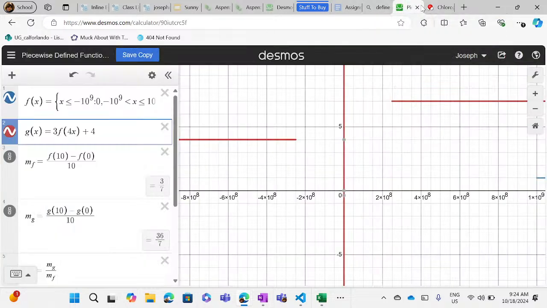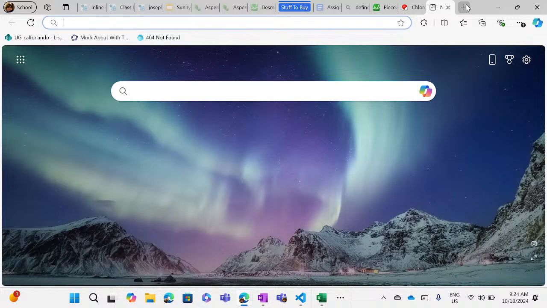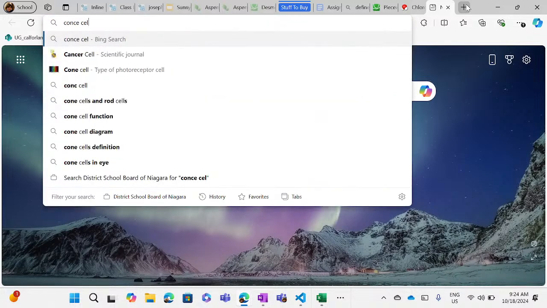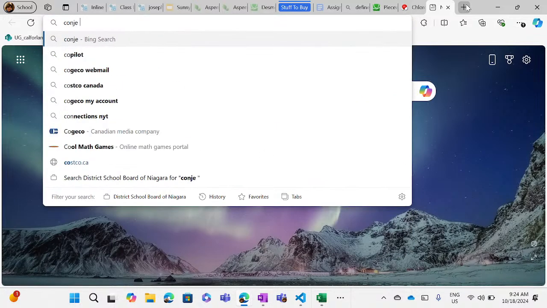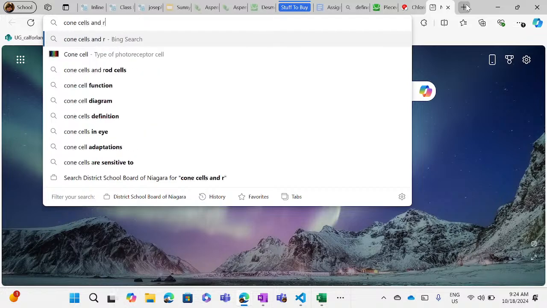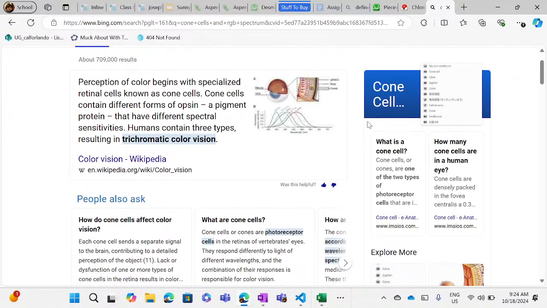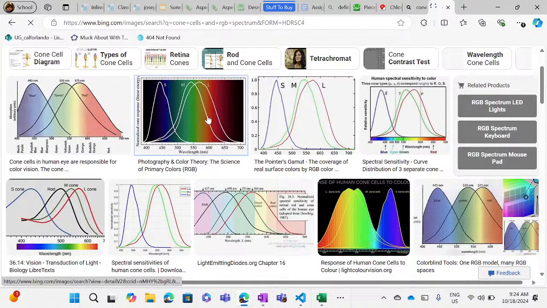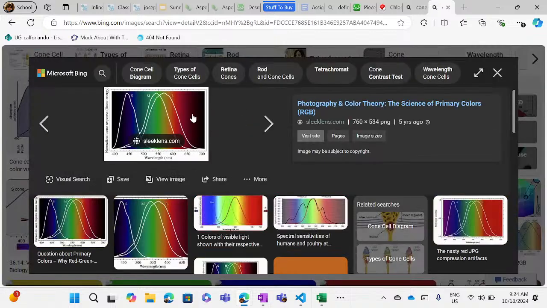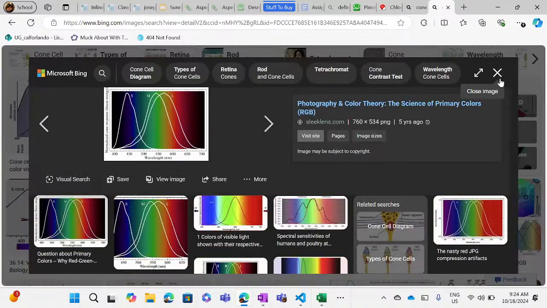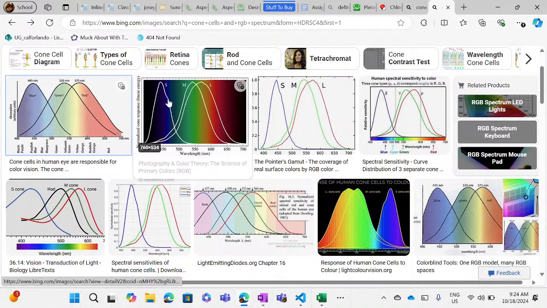If you think about fooling our eye, think about cone cells and the RGB spectrum. So when you do it with light, these are the three cone cells we have, and you can see that two of them actually occupy a really similar range.